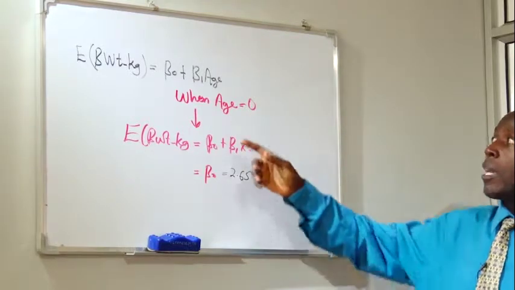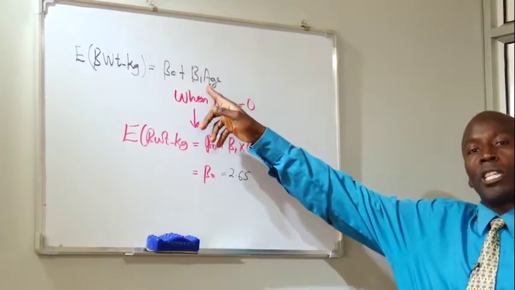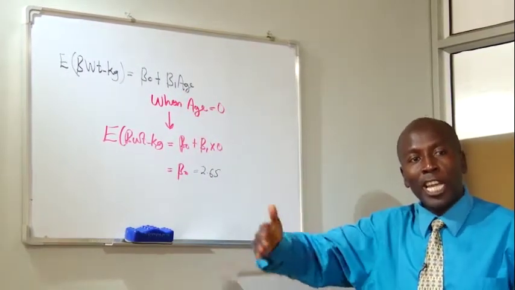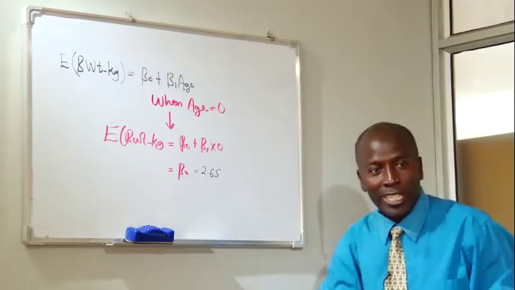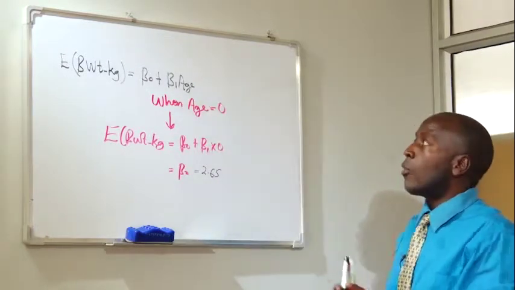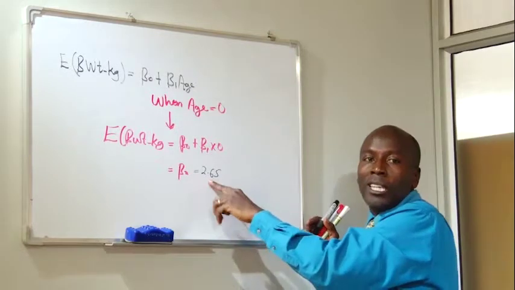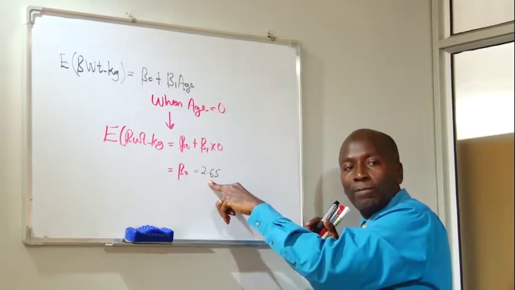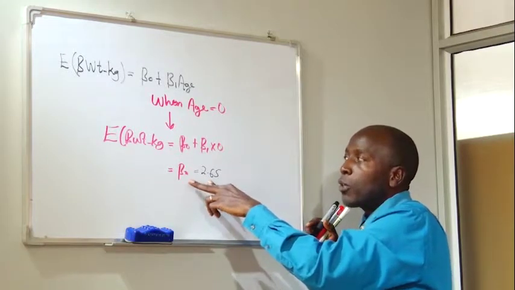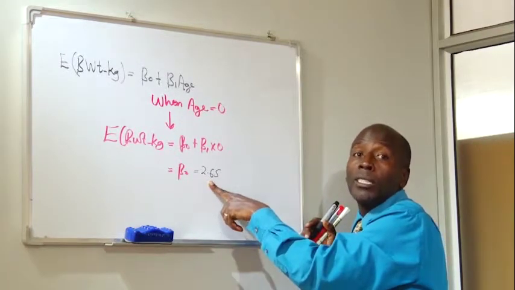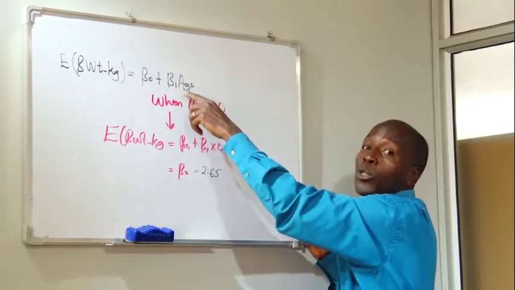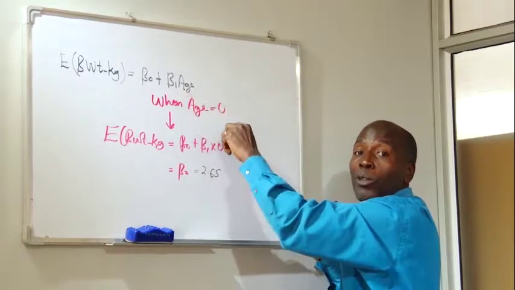Remember, now we are modeling age as a continuous variable, which means every year change in age is associated with some change. But this would mean this is the expected weight of a baby born to a mother whose age is 0, because this is now continuous, not categorical.